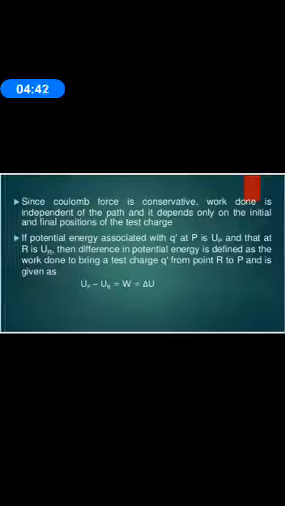Earlier we learned the formula W is equal to integral of R to P of F external vector dot dr vector, and just now we learned the formula W is equal to delta U. So in place of W, I can replace delta U in the formula. So my formula becomes delta U is equal to integral R to P of F external vector dot dr vector.